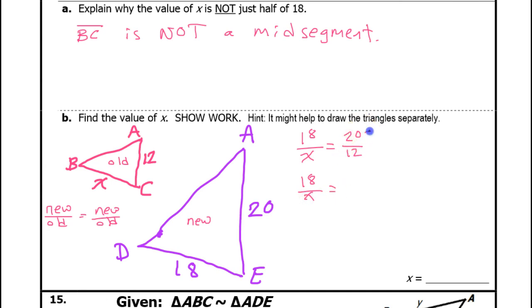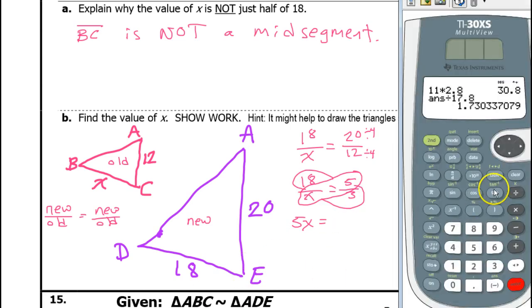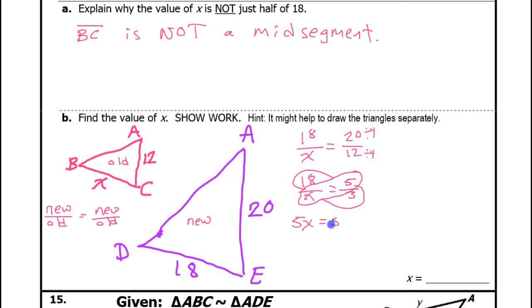These are both divisible by 4, so that simplifies down to 5 over 3. Then I will cross multiply, so that'll be 5x, and then I will multiply these: 3 times 18, which is 54. And then divide both sides by 5.